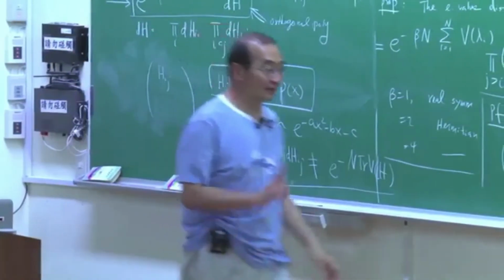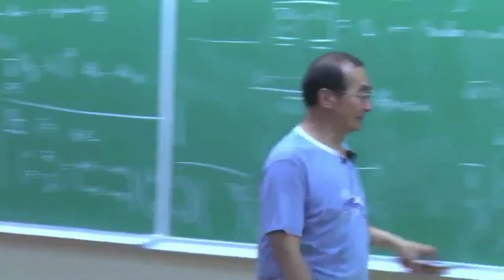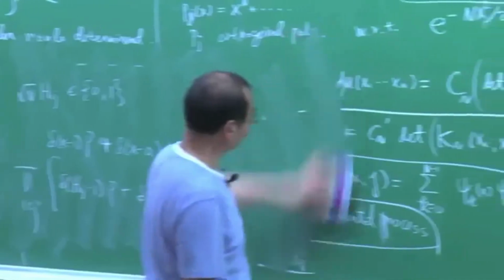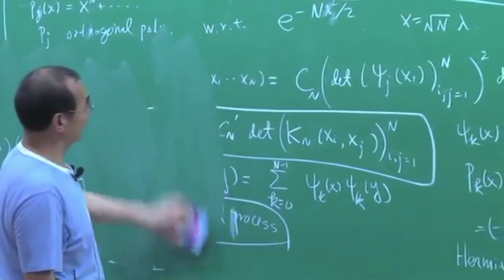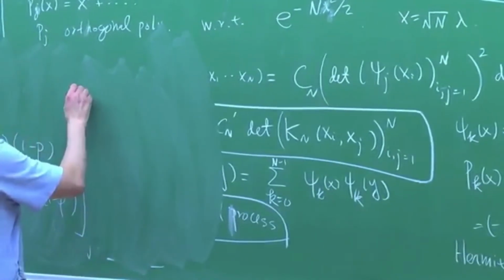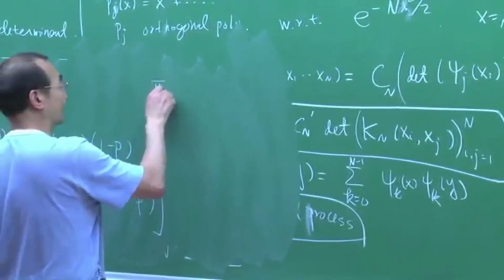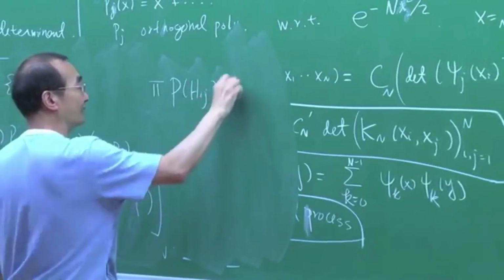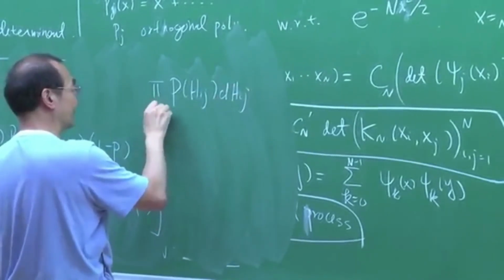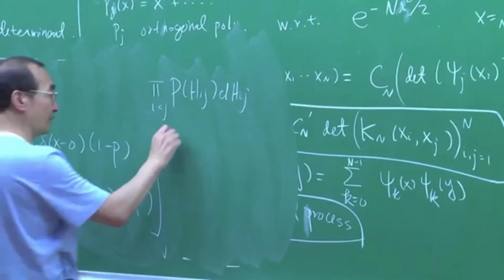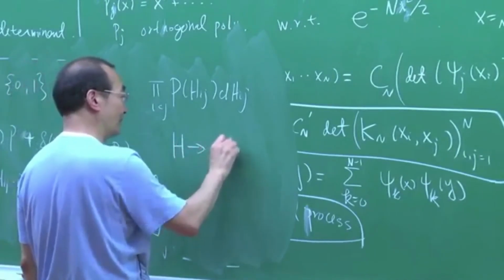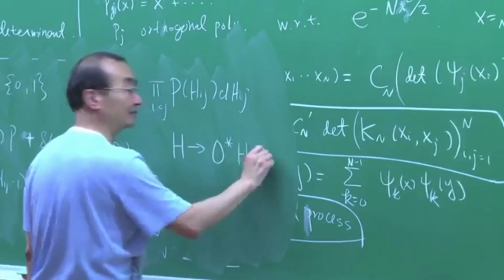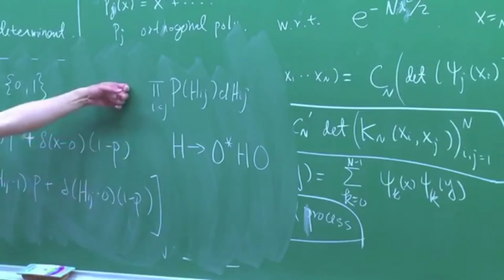It's just not possible. And the second question, which I think is much more serious, is that if you take this product of polynomial Hij dHij, and you do a transformation, H goes to O star H O, then this measure will not be invariant.